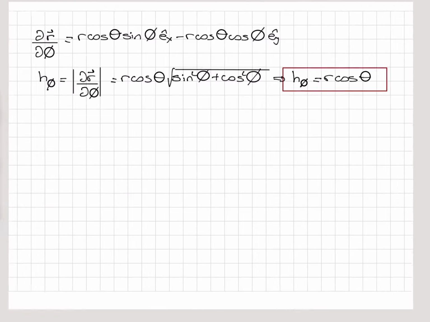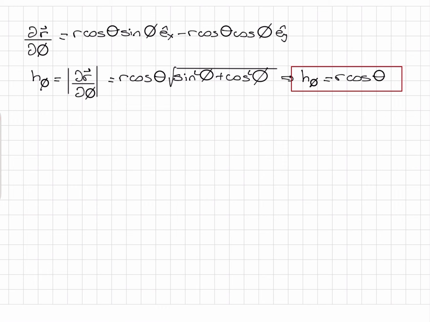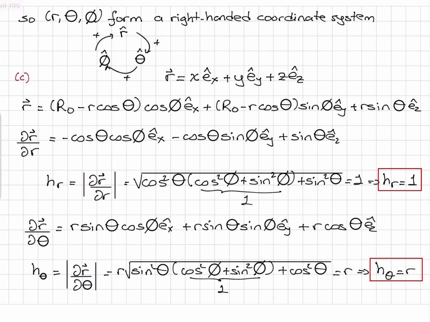All right. So we were asked to find the scale factors. And first I have written the position vector using the transformations between toroidal and Cartesian coordinates. For x, I substitute r0 minus r cosine theta, parentheses, cosine phi. Y, parentheses, sine phi, and z is r sine theta.